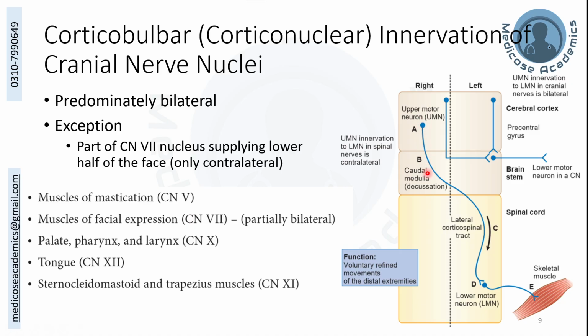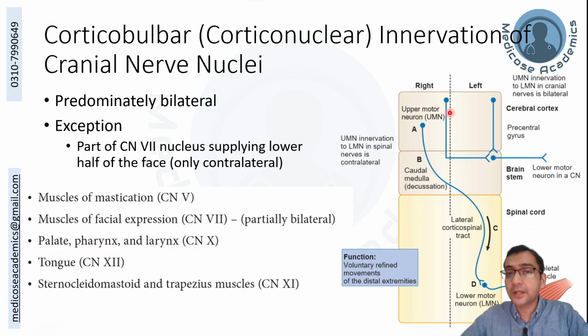Corticospinal tract moves down, decussates at the level of spinal cord and medulla oblongata junction and goes down and supplies the lower motor neuron, and it supplies the muscle. The important thing is the signal started from the right hemisphere and ended at the left sided muscle, and vice versa for the other side. So any stroke of the brain on the right side will lead to the paralysis of the muscles, the upper motor neuron type paralysis on the left side.